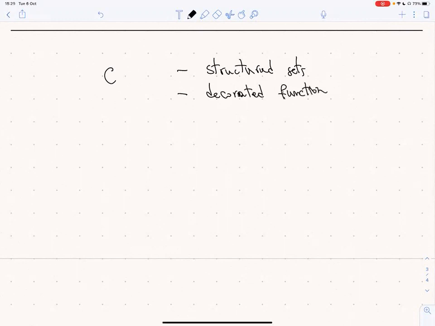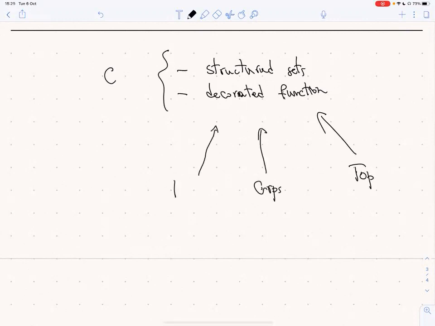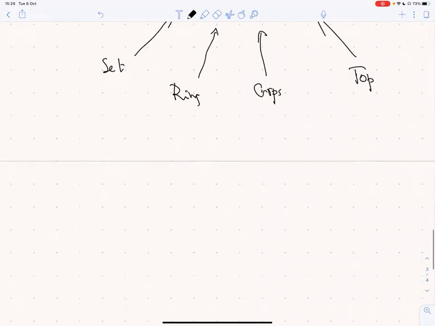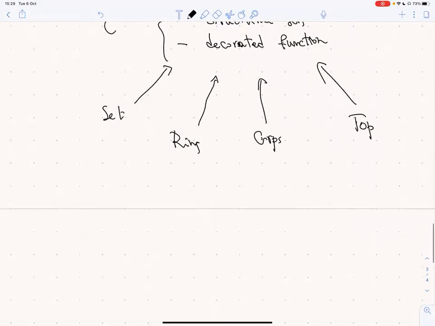Of course, all the examples I gave you are of this form: Top, groups, rings, and of course also Set. So many categories fall under this description, but it is not true that every category is of this form. Let's make an example of a category which is not of this form.